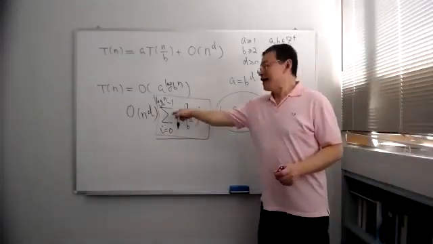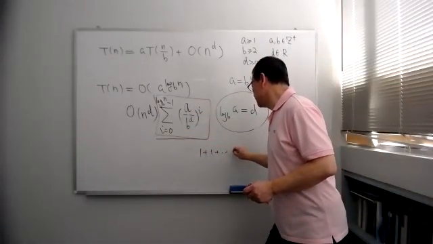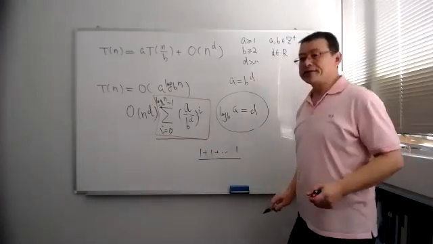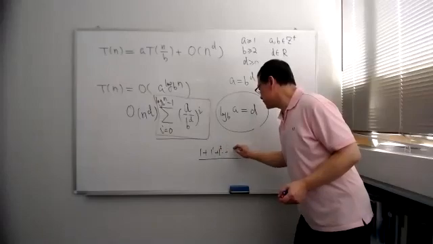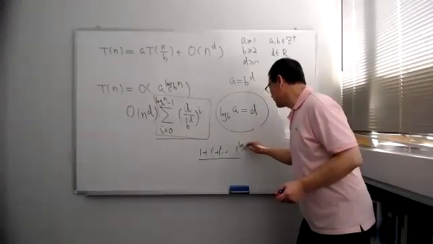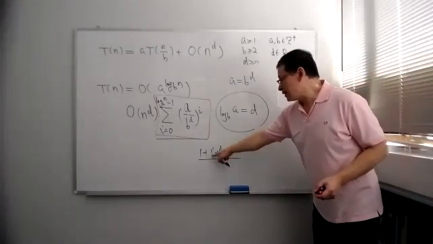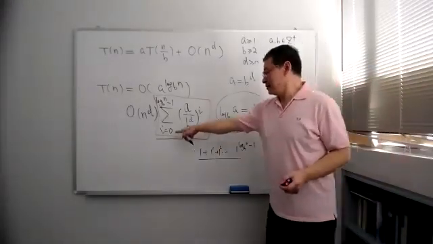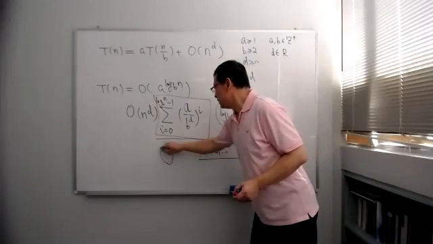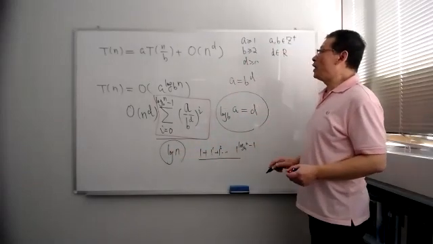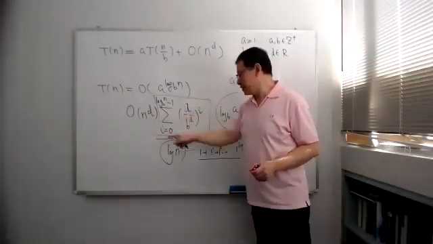Then there are log n terms. The number of terms is 1 plus 1 plus 1, log n terms. So each power is 1, 2, up to log_b n minus 1. So when this one is 1, the number of terms gives us log n. So that's why we have the middle case, n^d times log n.